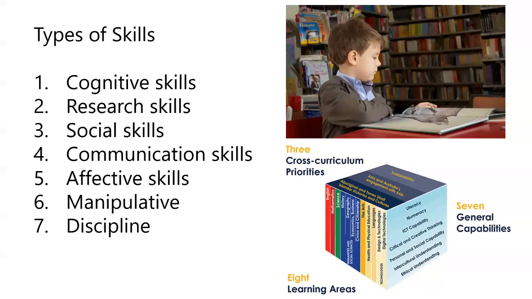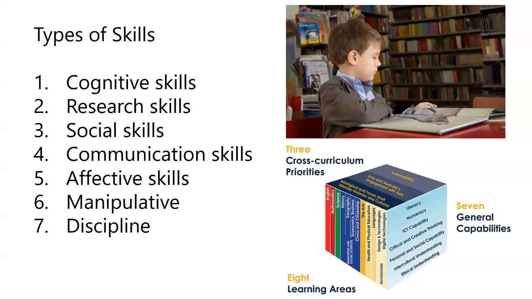Affective skills, so the idea of values education, which we will be talking about in a couple of weeks, and also analysis and empathy as well, which we've talked about in this lecture. Manipulative, so think about dexterity, being able to cut with scissors and so forth.